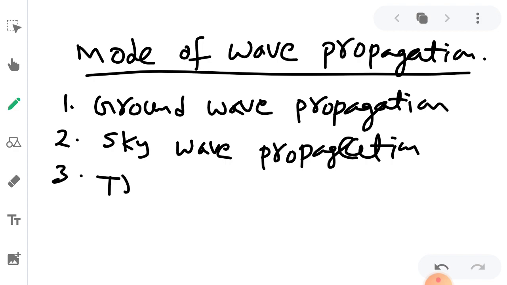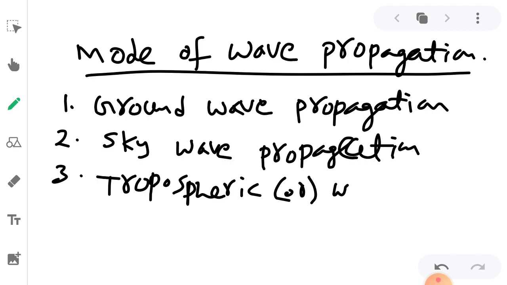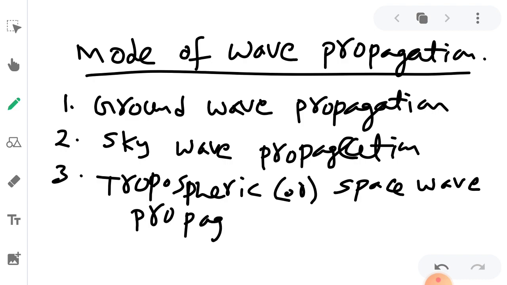The third one is tropospheric wave propagation, also called space wave propagation. So these are the three types of wave propagation which we have.